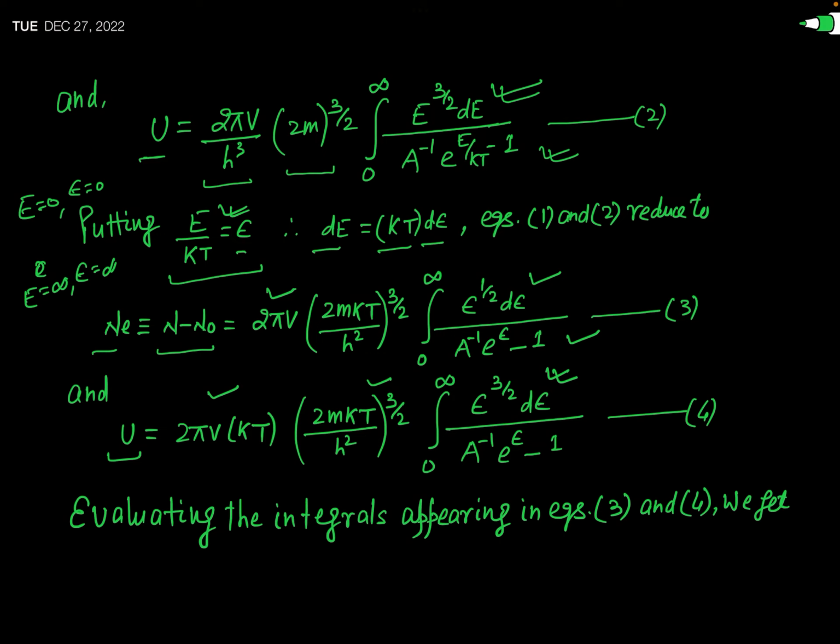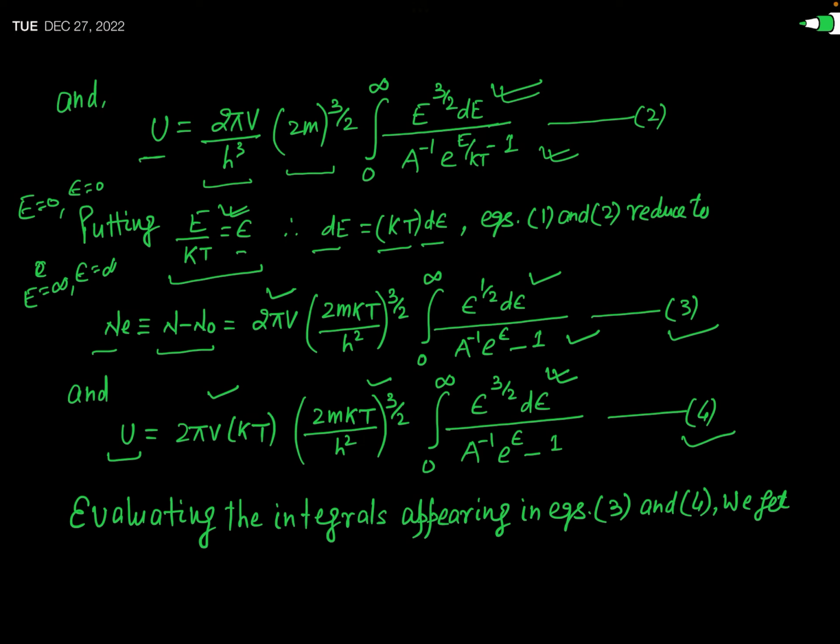But now we will try to evaluate the integrals existing in this equation number 3 and in this equation 4. Already we have evaluated these two integrals in the previous lecture, but as I have told you, here I am going to adopt a rigorous method, a very suitable and compact method to evaluate these integrals.